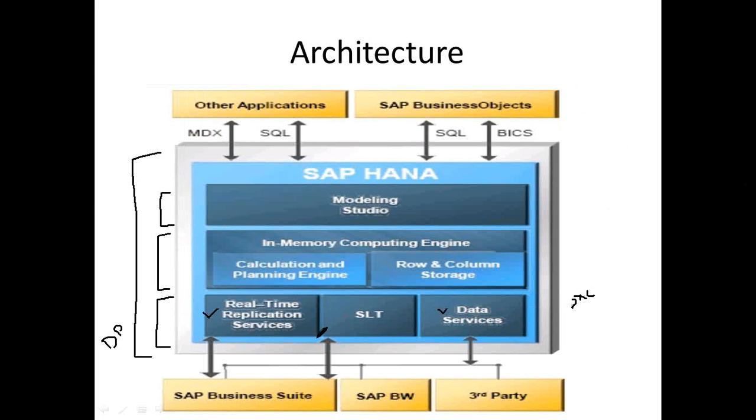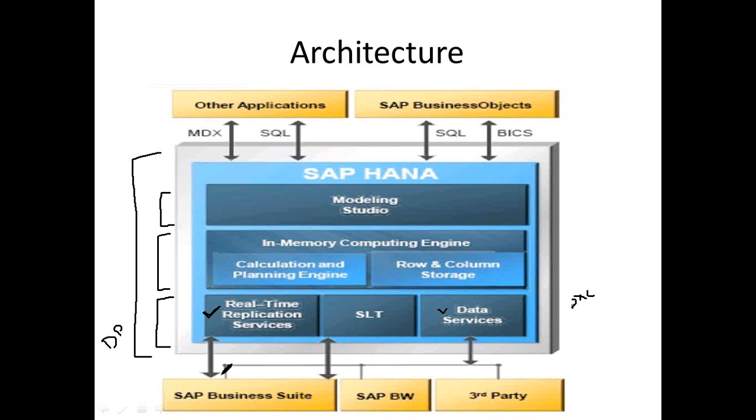In the data provisioning layer, the first one is called real-time replication. The other name for it is log-based replication or Sybase replication. This enables you to replicate database to database. This is not a usually used replication method, but you can enable Sybase replication.